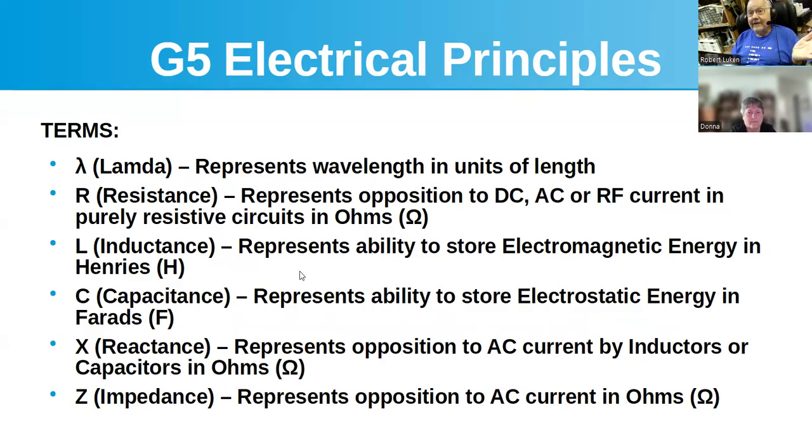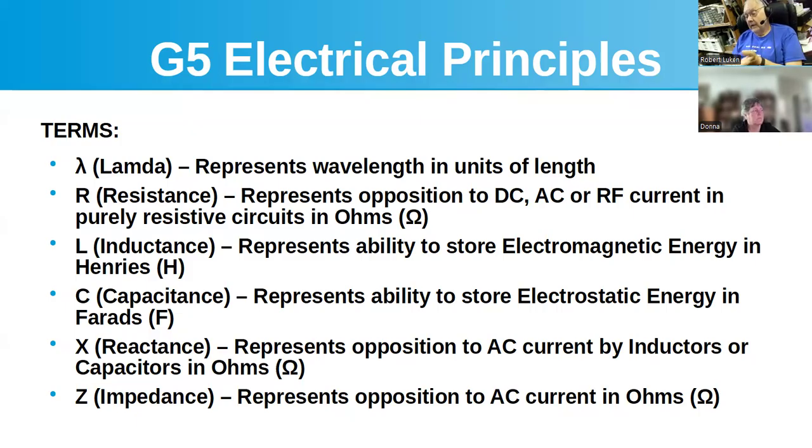We use L for inductance, which represents the ability to store energy in a magnetic field. Whereas for capacitance, we use C, which represents the ability to store energy in an electrostatic field. So one device stores energy magnetically, and the other stores energy electrostatically.